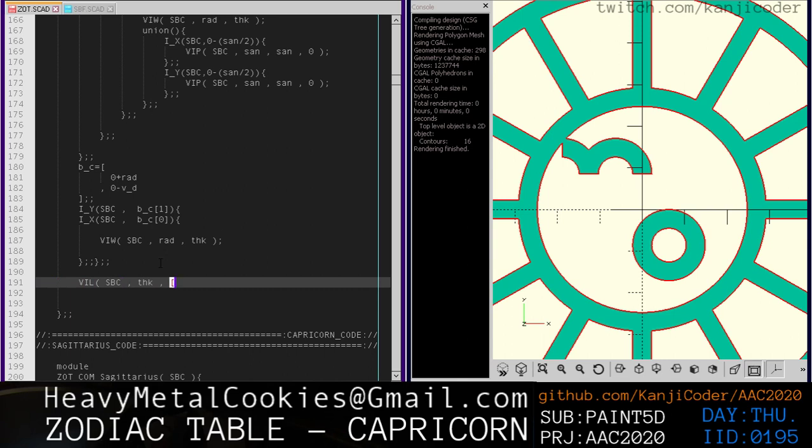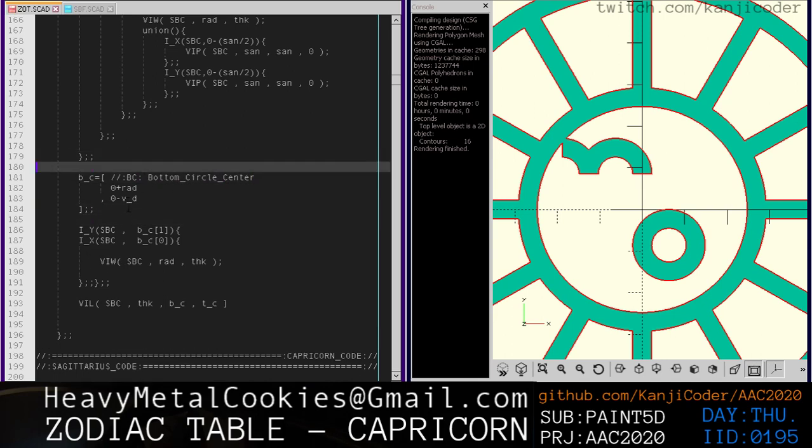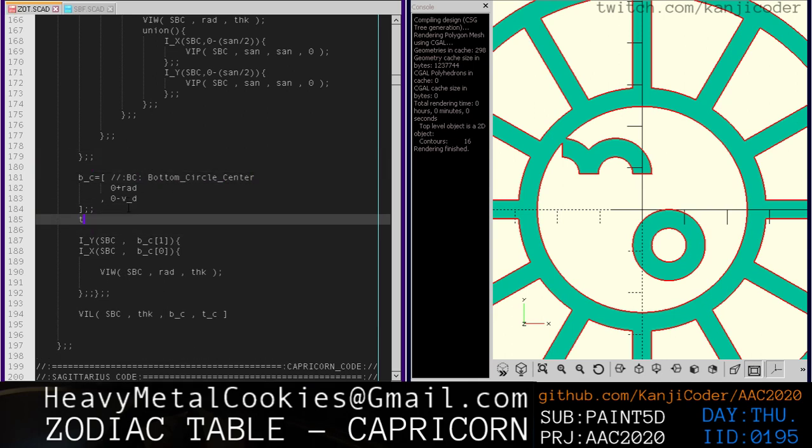So we want BC as the first point, and then we want to do tip chord, TC. So BC is bottom circle center, right? And TC is tail tip coordinate, something or other.